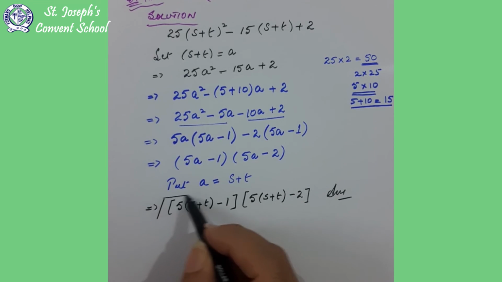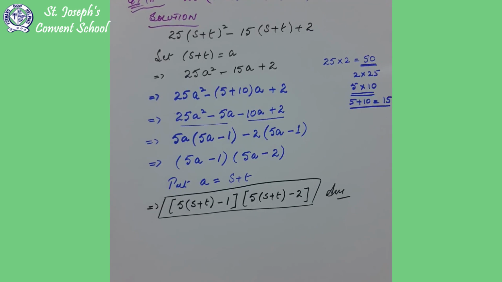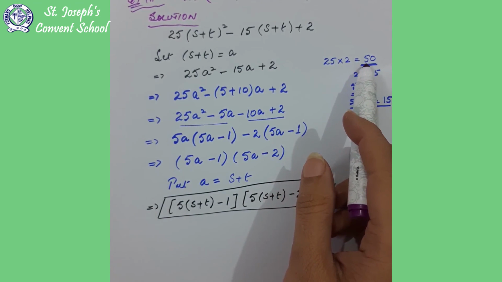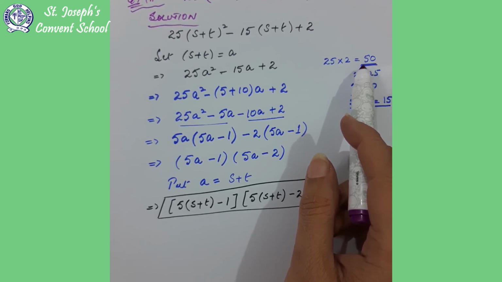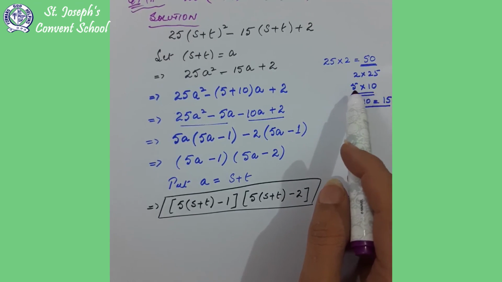So I hope you all have understood these questions. Simple it is. Multiply first and last term. After multiplying, whatever number comes, you have to write in which table it goes. Find two factors.